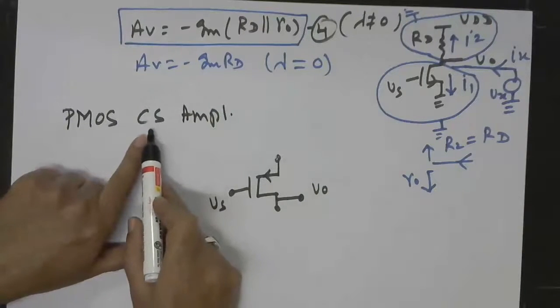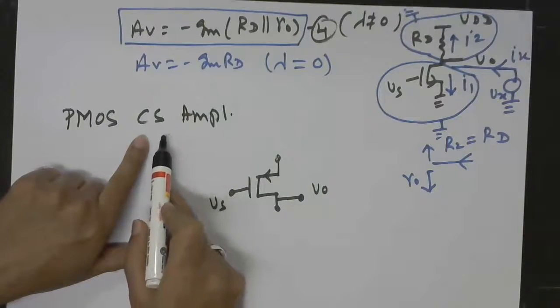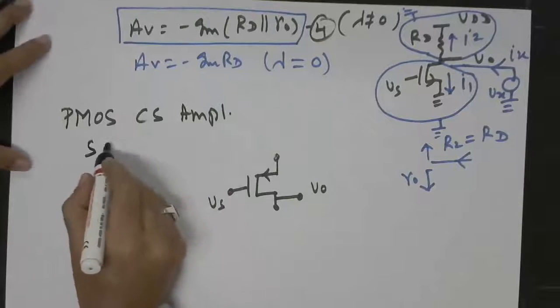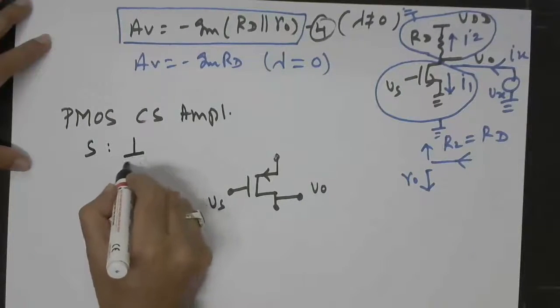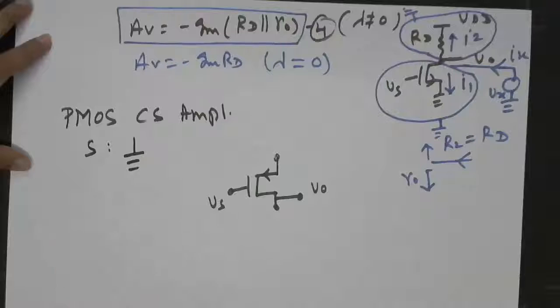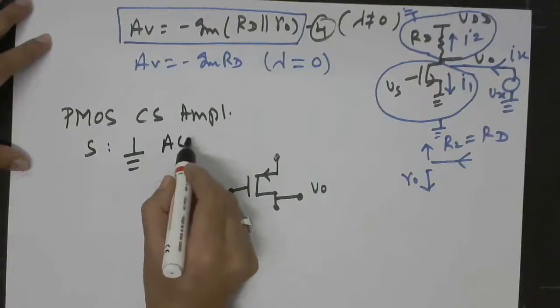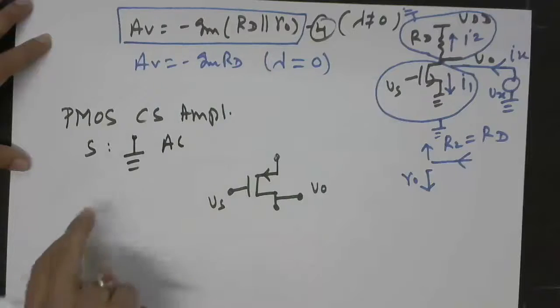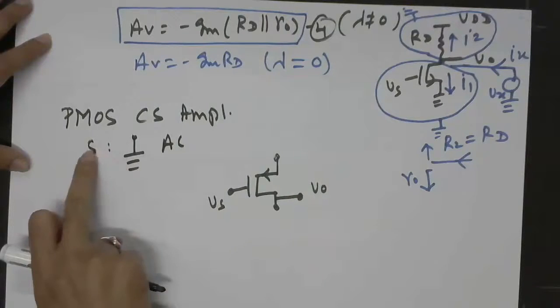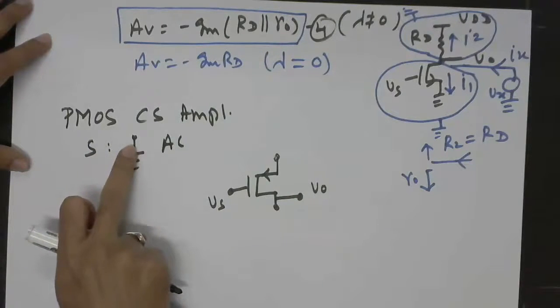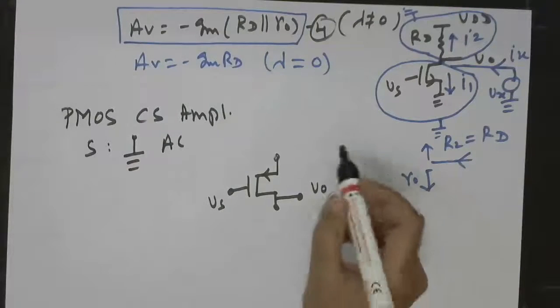In the simplest version of the common source amplifier, the source is grounded, and keep in mind that this grounding is basically AC grounding. The source need not have 0 DC, but for AC it should be grounded.